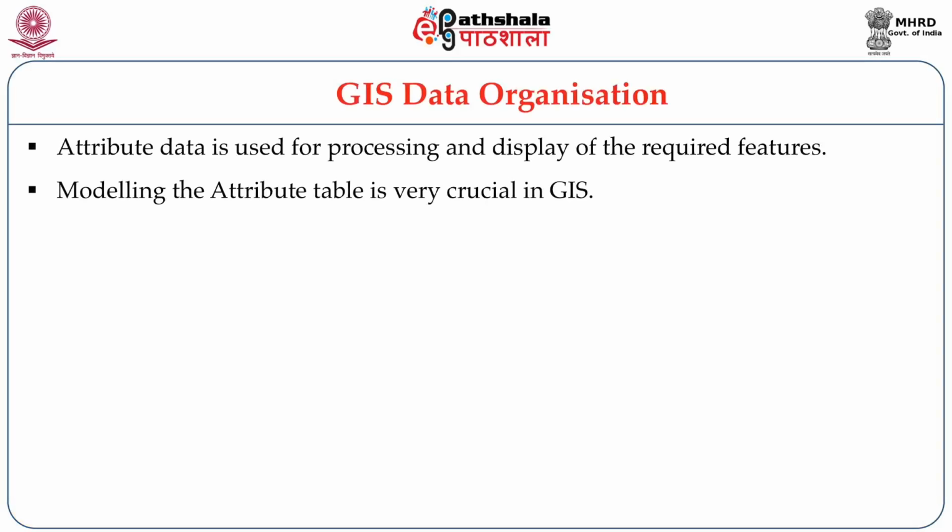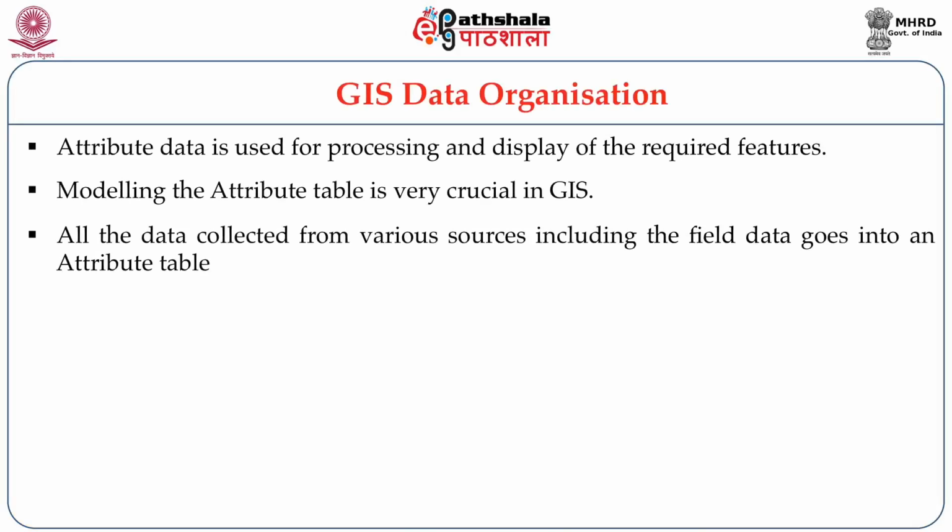This is very crucial in GIS. The process of using the GIS in combination with the data depends mainly on the kind of model that we develop for using the attribute data.